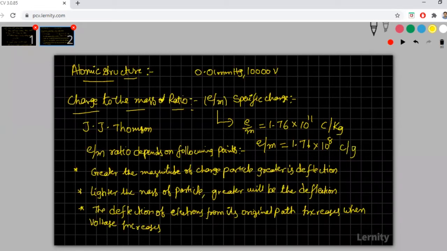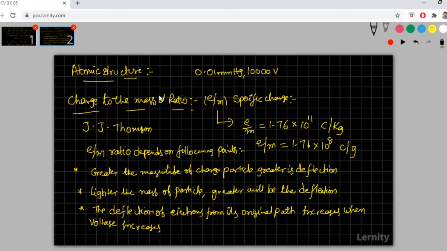So once again, the charge to mass ratio is called specific charge, or e/m. This charge to mass ratio of the electron was given by the scientist J.J. Thomson. Remember this point: e/m depends upon 3 points. Greater the magnitude of charge, greater is the deflection.